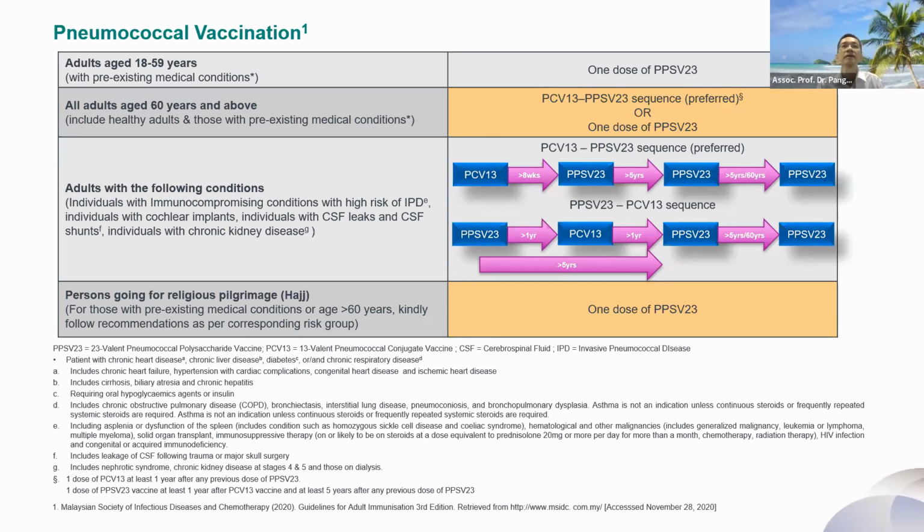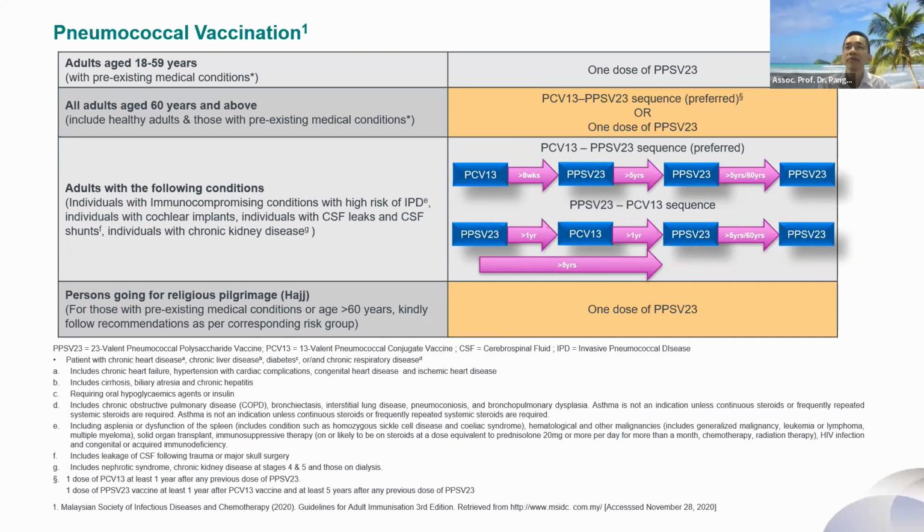So you can see here, for those with a significant immune compromising condition, if you want to roll out the pneumococcal vaccination fast, then what you can do is inject the PCV13, followed after more than 8 weeks by the PPSV23, and we repeat the same dose of PPSV23 after more than 5 years.